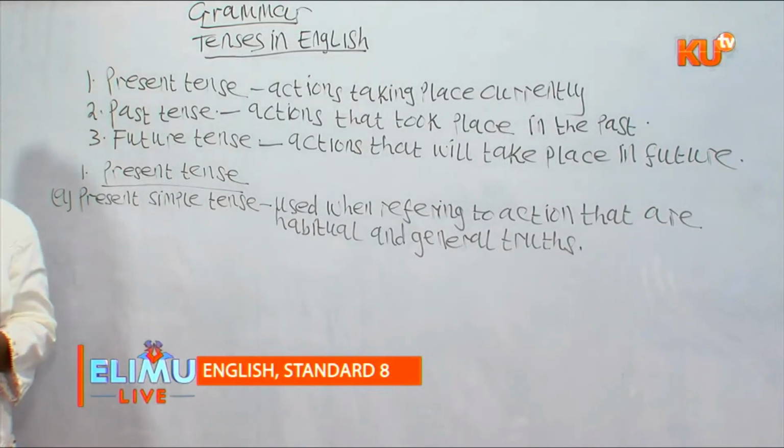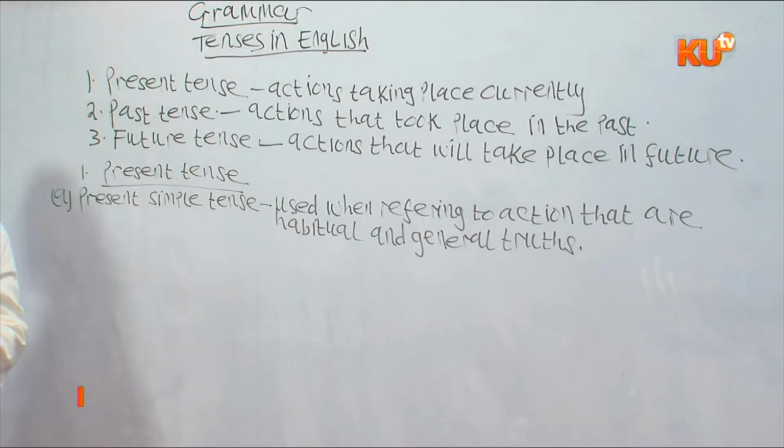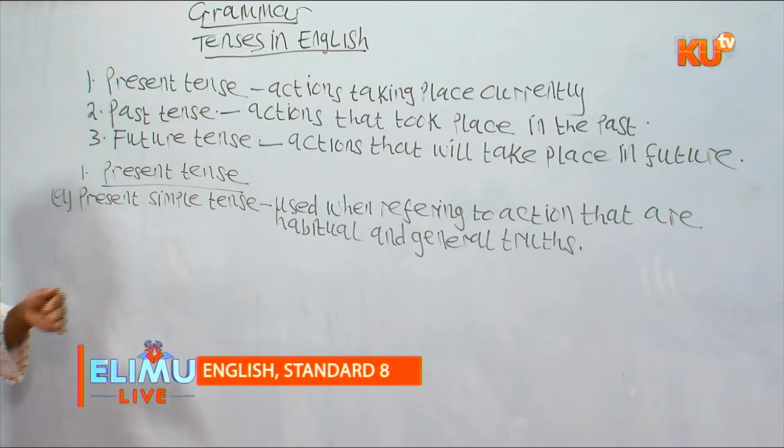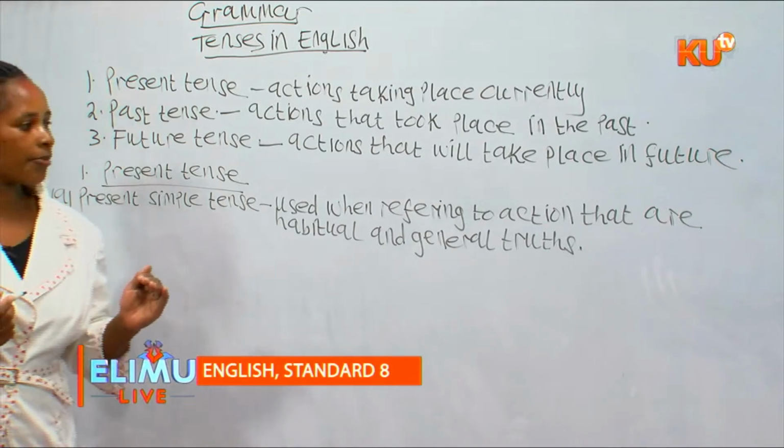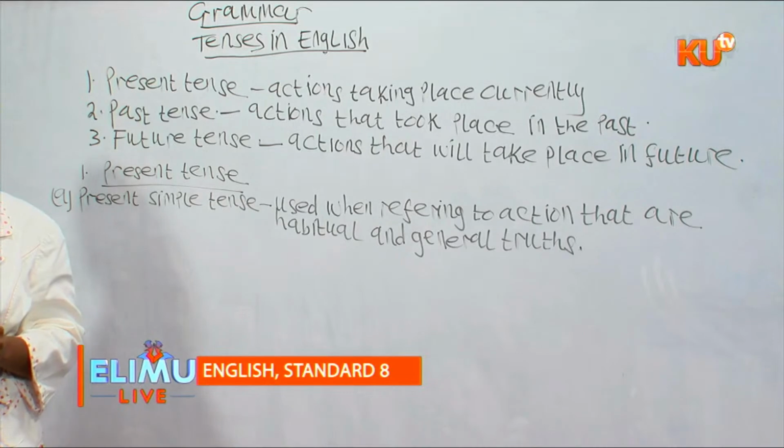So the present simple tense is mostly used when we are talking about actions that are habitual, and also when we are talking about general truths.